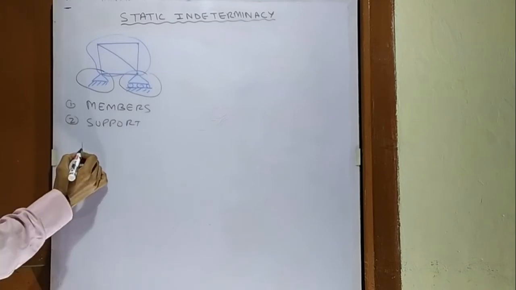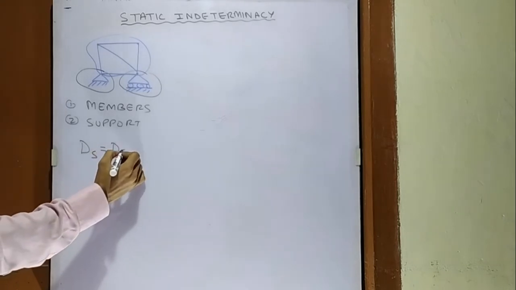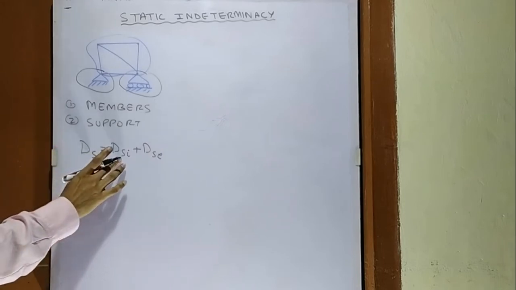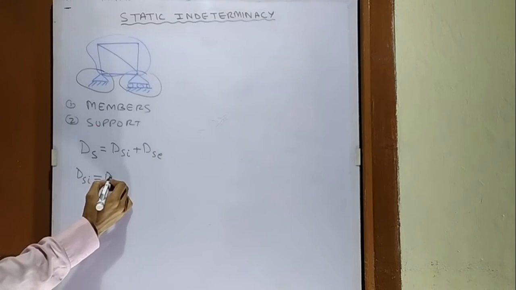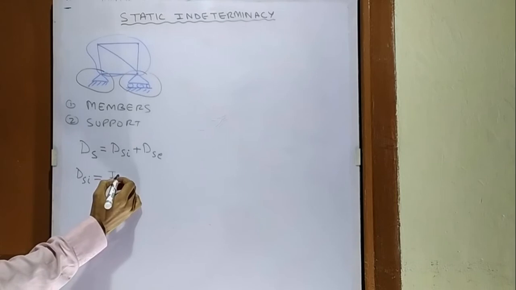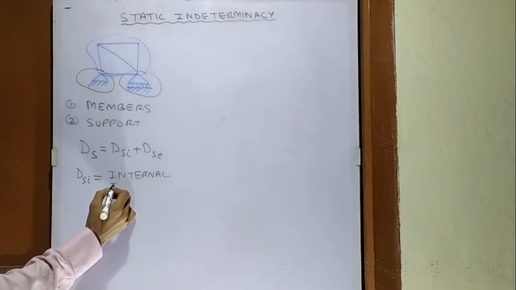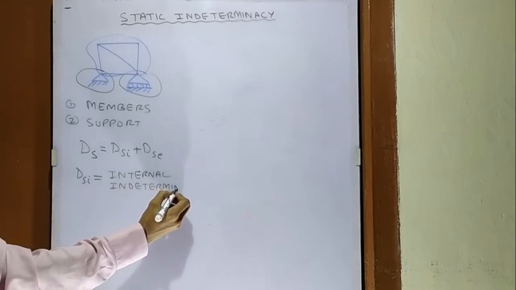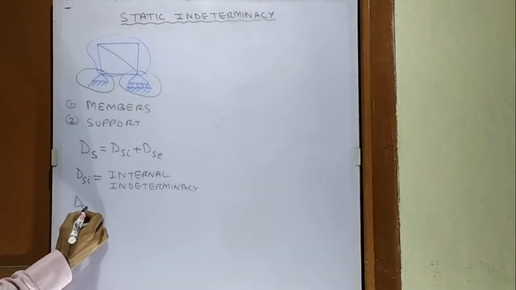So the static indeterminacy is denoted by Ds, degree of static indeterminacy, which will be equal to Dsi plus Dse. Now what is Dsi? Dsi we can write as internal indeterminacy. And what is Dse?